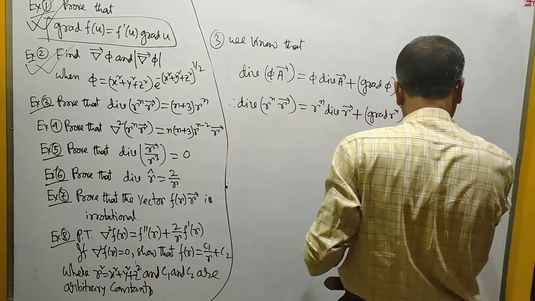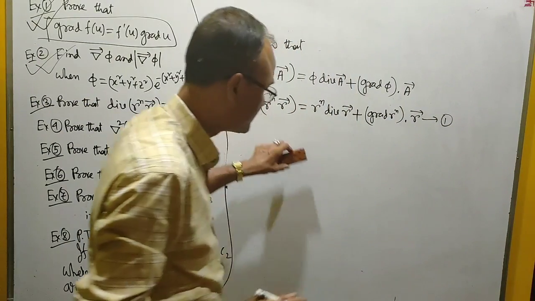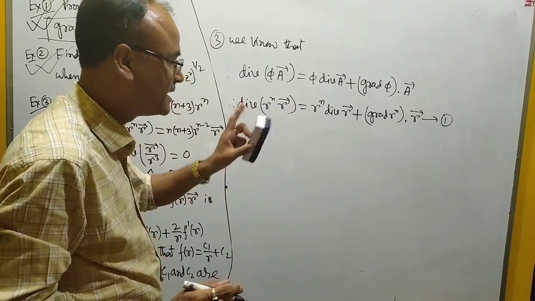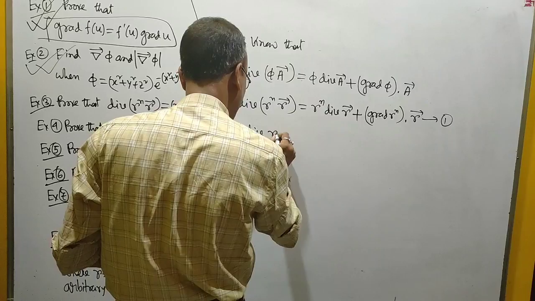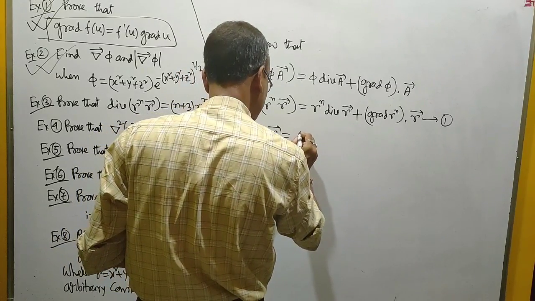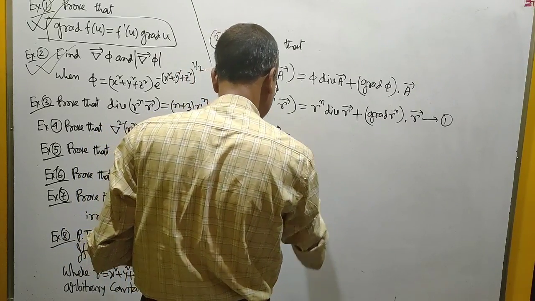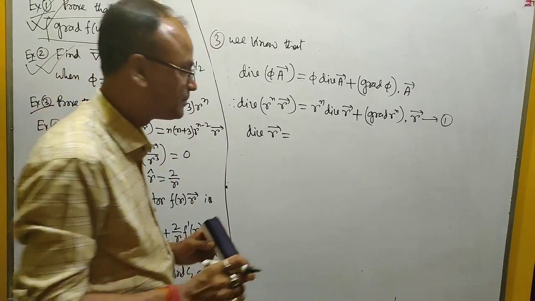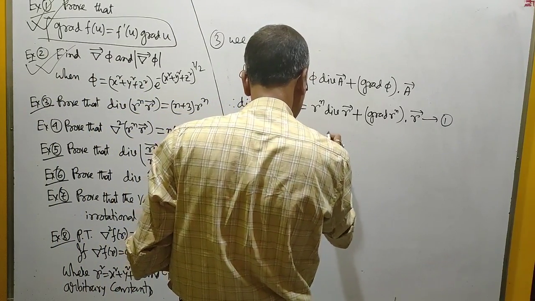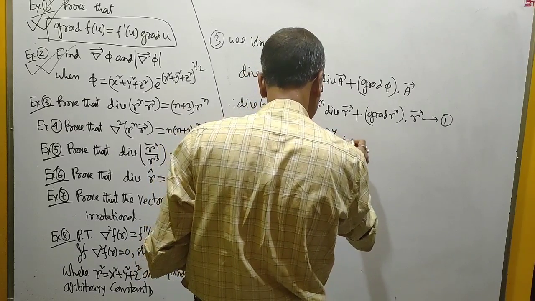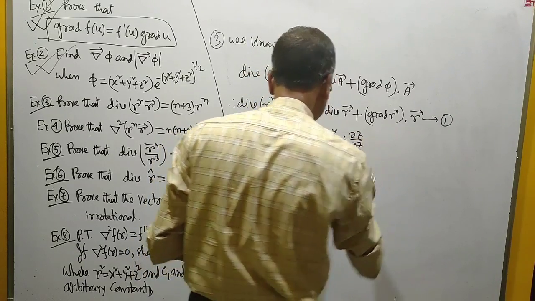I am going to mark it. Now, divergence of r vector equal to, what is this? Del x by del x plus del y by del y plus del z by del z.